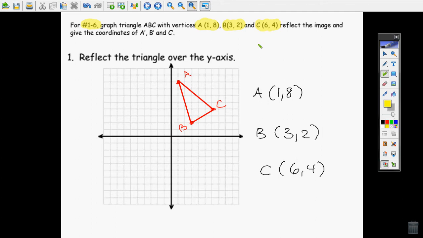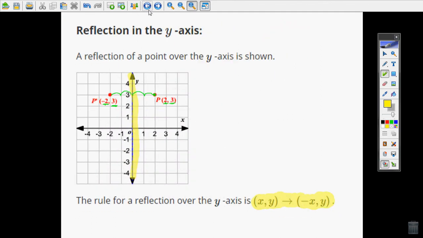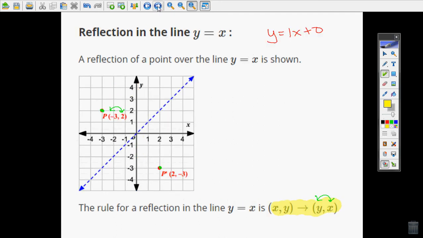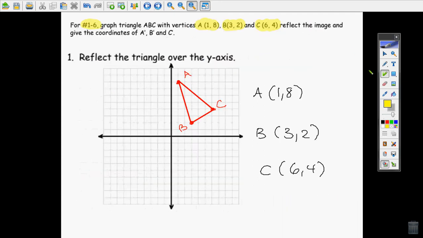So it says to reflect the triangle over the y-axis. And so if we go back and we look at our rules, the rule was to just change the sign of the x and keep the y. Okay, so we're going to change the sign of the x and keep the y.